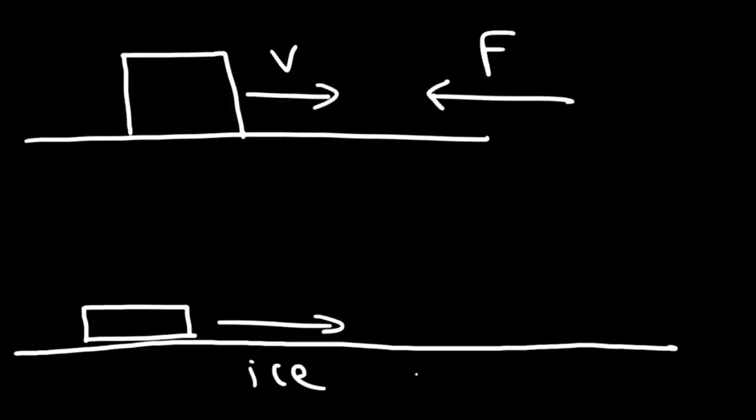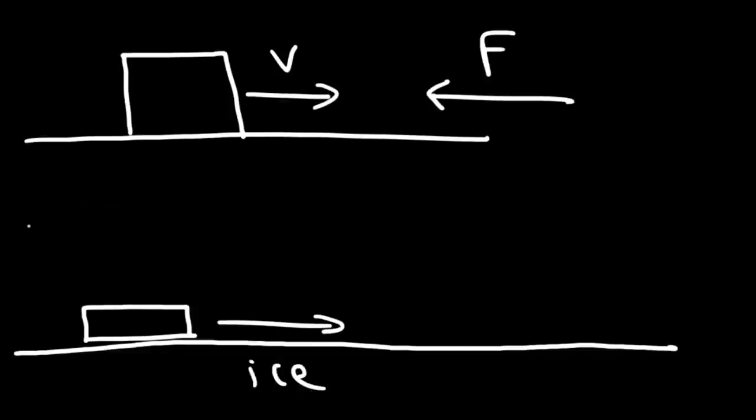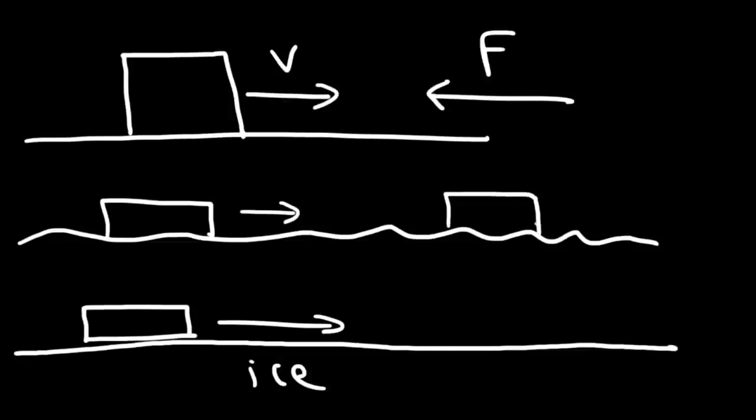Whereas if you have the same object on a rough surface, this object will not slide very far. It's going to come to a stop quickly because there's more friction.